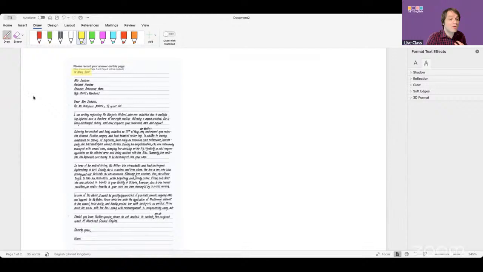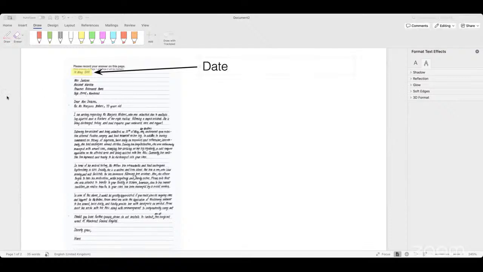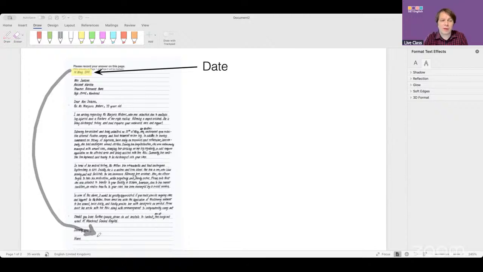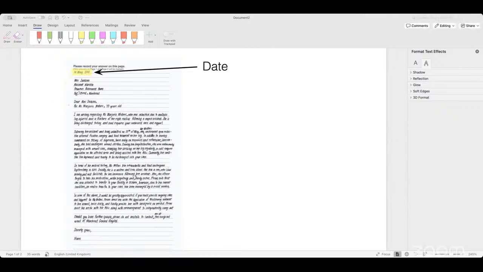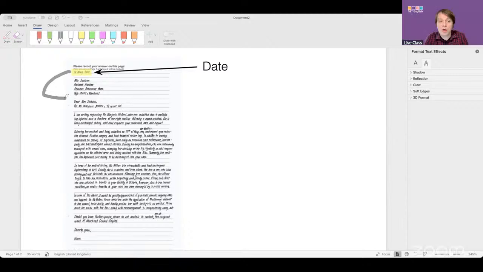Now, but here's the interesting thing for me. Joanne, does it have to be here, or is there another place that it can be, according to OET? Does the date have to be at the top? Yeah, it depends. It can be at the top, or it can go just after the address.